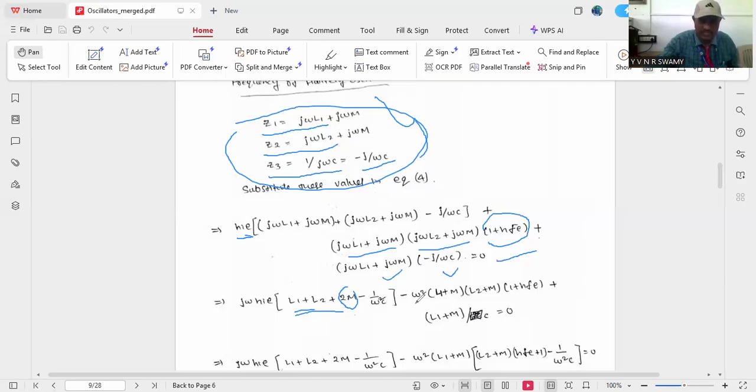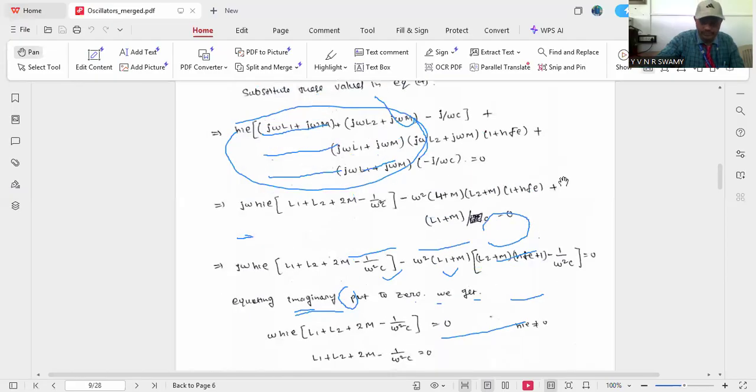In the same way, minus omega square L1 L2 (1 + HFE) plus (L1 + L2) by C is equal to 0. Then this becomes j omega HIE (L1 + L2 minus 1 by omega square C) minus omega square L1 L2 (1 + HFE) plus (L1 + L2) by C.